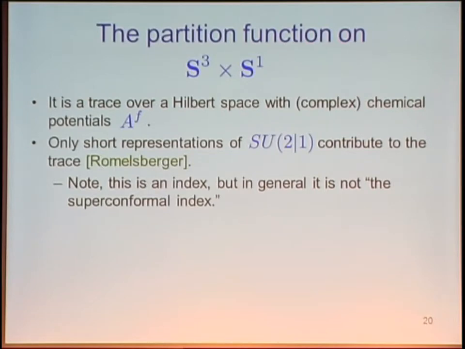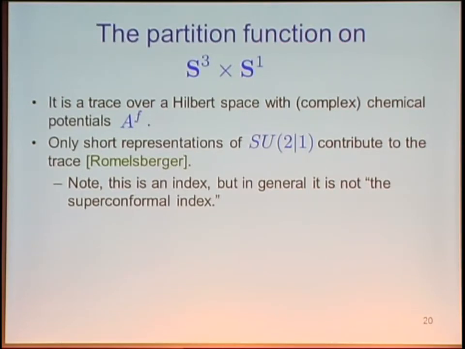We only count things which are in very special representations. Everything else cancels out. Here, we count many more states, the states which are in short multiplets of SU2/1. There are tons of them, in fact, an infinite number. And they can be in various representations of the Lorentz group, of this SU2 cross SU2. They can have various spins, various quantum numbers, and so forth.